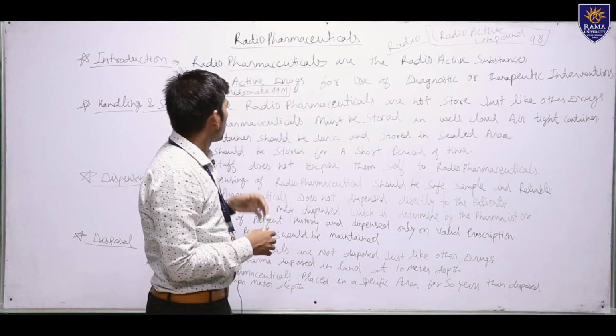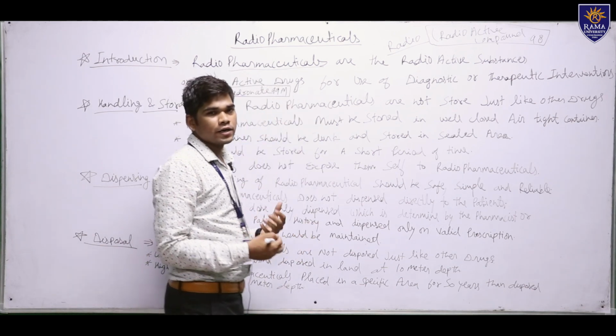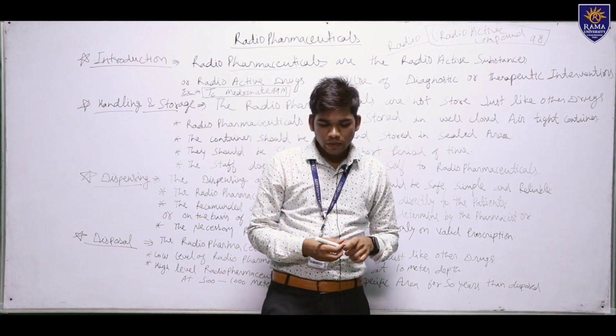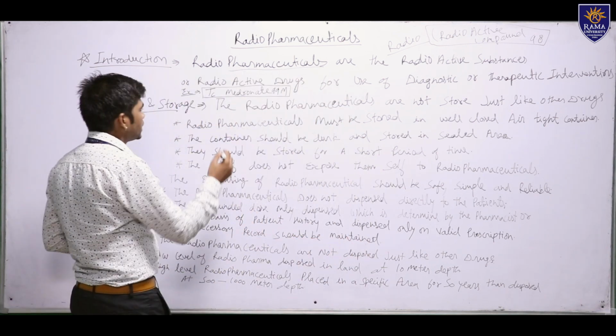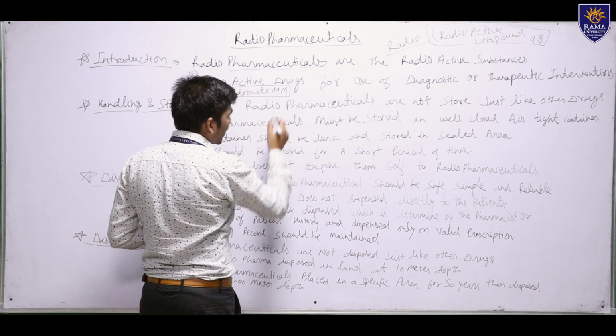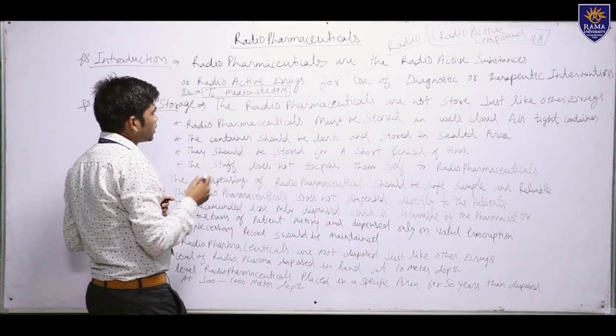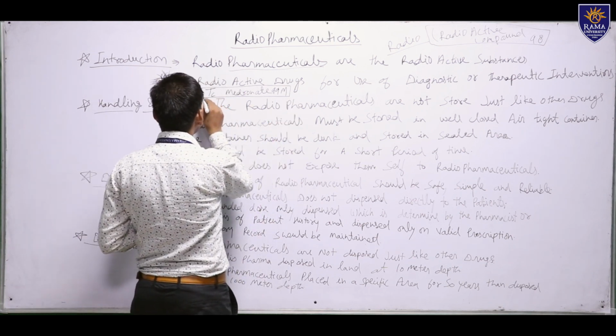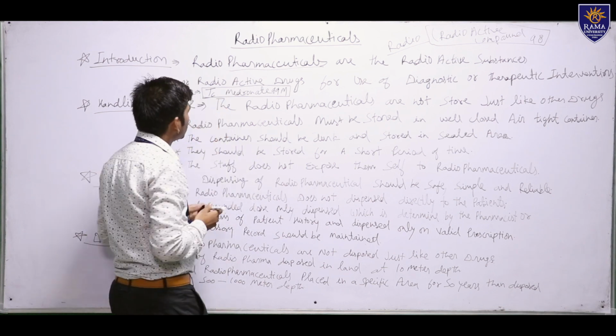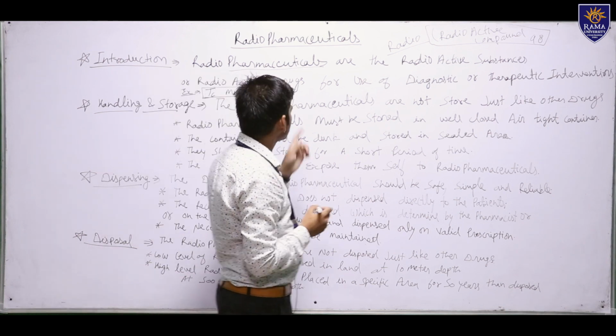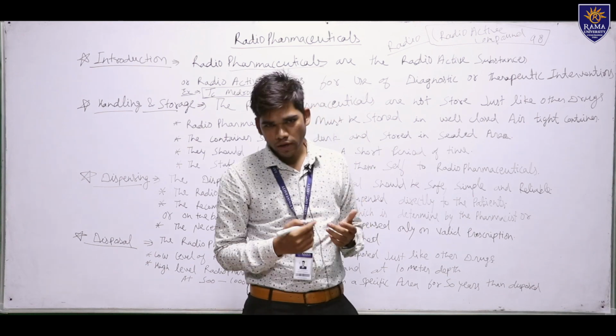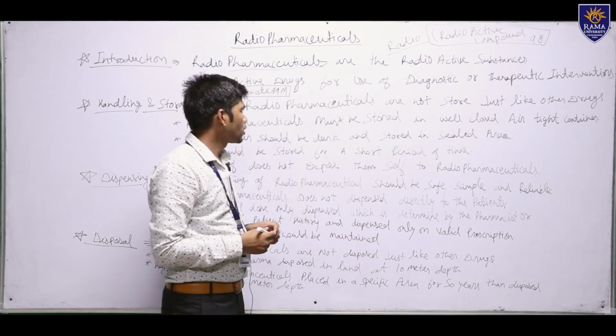So why do we use radiopharmaceuticals? Here you can see Tc Medronate 99m, a medicine used as an example of a radiopharmaceutical. It is used for bone imaging. What is bone imaging?